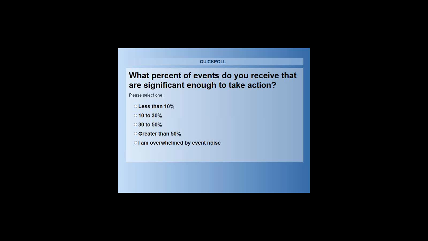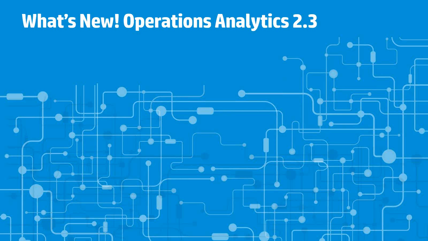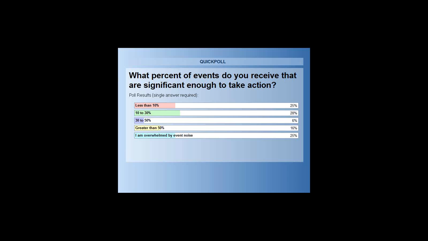What percentage of events do you receive that are significant enough to take action? 5 choices: less than 10%, 10 to 30, 30 to 50, greater than 50, I am overwhelmed by event noise. So, a couple more seconds. Okay. Here's our results.